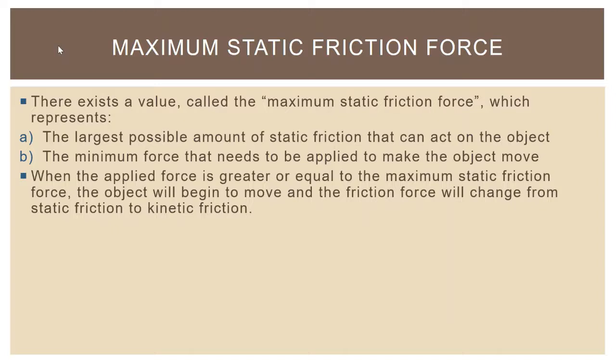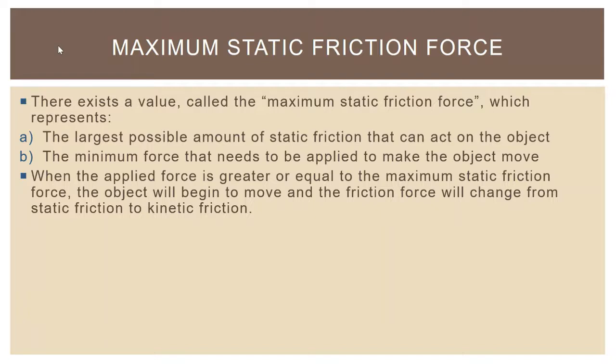The first thing we'll say here is that when the force you apply is greater than or equal to the maximum static friction force, the object will begin to move and the friction force will change from static friction to kinetic friction.